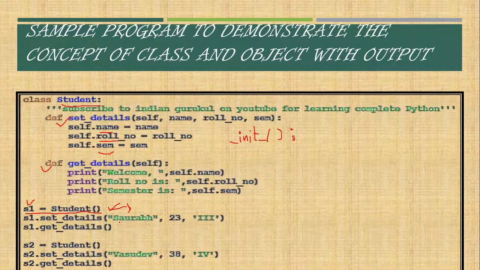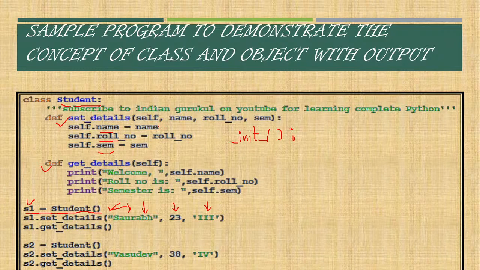After instantiating this object s1, the set underscore details method, which is an instance method, is called explicitly by using the dot operator and the name of the method, and then we are passing three parameters within it. The first is the name, the second is the roll number, and the third is the semester.